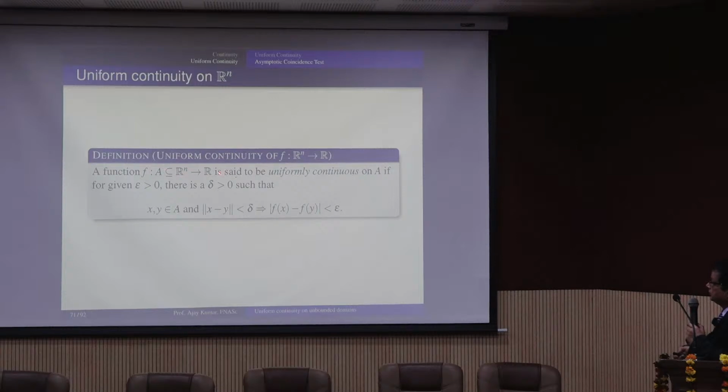A function from Rn to R is uniformly continuous if d(x,y), the distance between x and y, is less than delta, implies |f(x) - f(y)| is less than epsilon. The only difference is that the distance between x and y is required instead of the modulus. The modulus was the distance on the real line, and here the distance is the Euclidean distance.